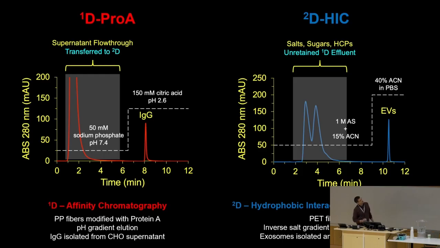And this allows only the exosomes to bind, while host cell proteins, salt, sugars all pass through unretained. To elute the EVs, the salt concentration is decreased to 0 with 40% acetonitrile and PBS added as a modifier to help peel them off.